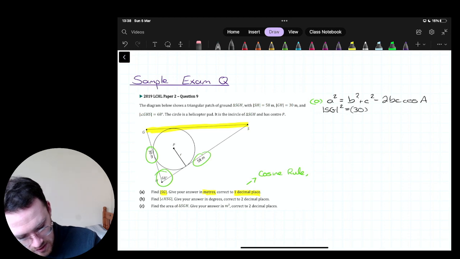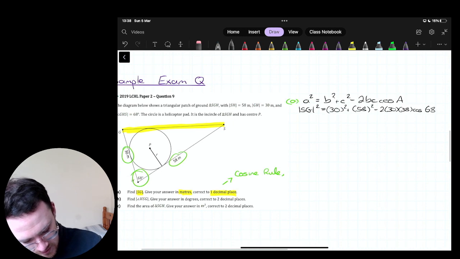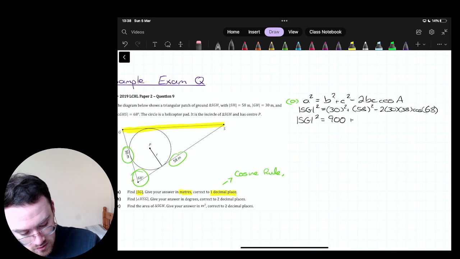B and C, go with either way, so long as we're consistent. And then cos of A, we're saying is 68 degrees, cos 68. SG squared, 30 squared is 900, plus 58 squared.